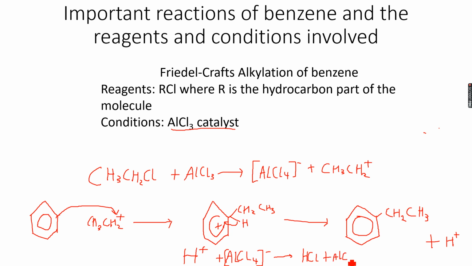So yeah, we have got our catalyst back, and it's not used up, and that's why it's called a catalyst. We've done the electrophilic substitution, we have alkylated the benzene molecule, and this is the reaction.